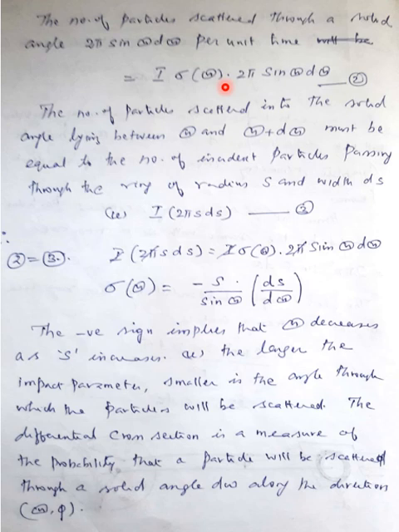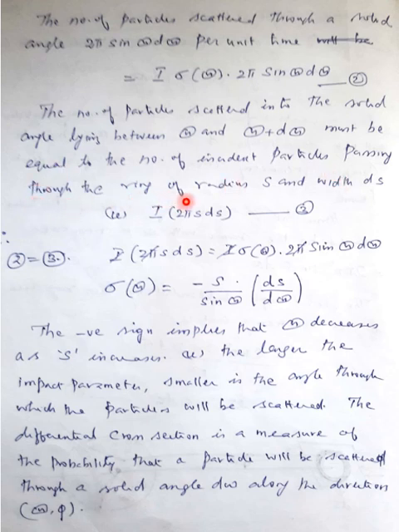You refer to the earlier diagram, s and ds. Therefore, the value should be I into 2 pi s into ds.